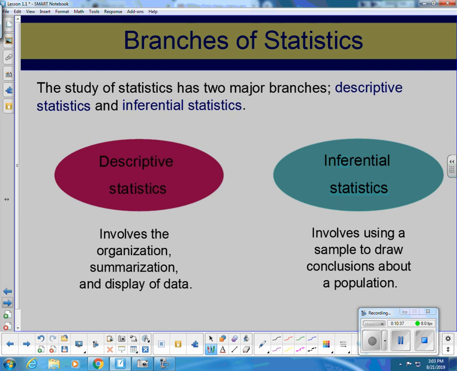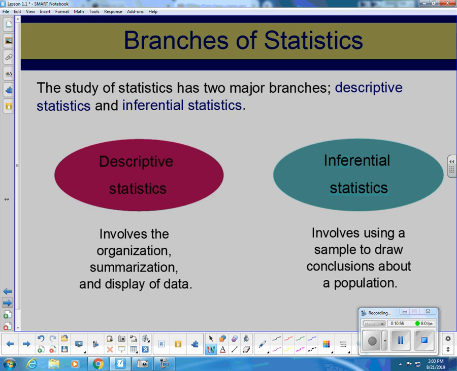We have two branches of statistics. We have descriptive statistics, which involves organizing, summarizing, and displaying data. Okay? And we have inferential statistics, where we actually make the conclusions. So we're using a sample to draw conclusions about a population.